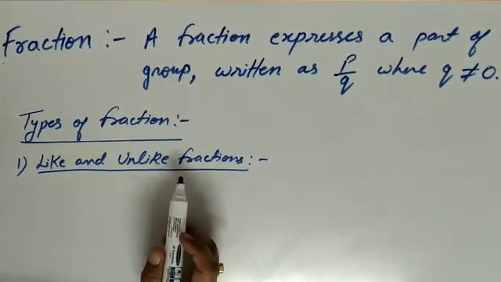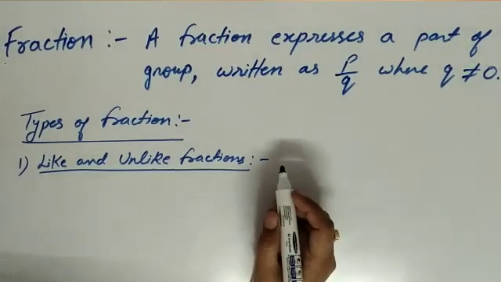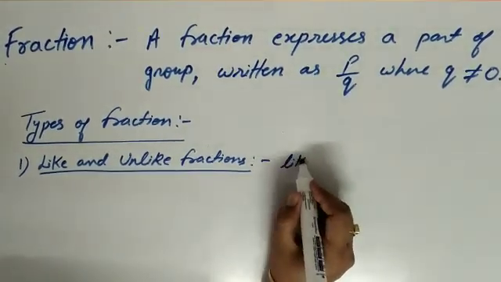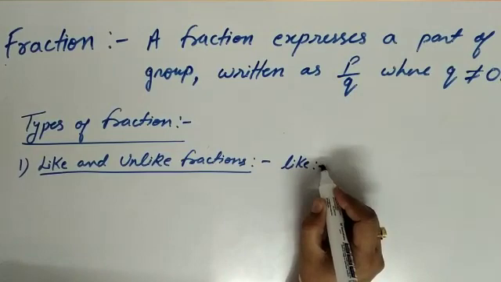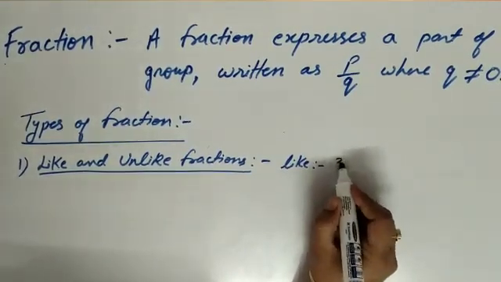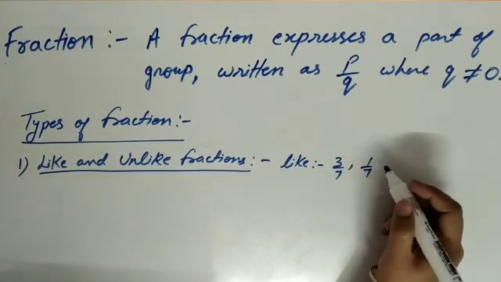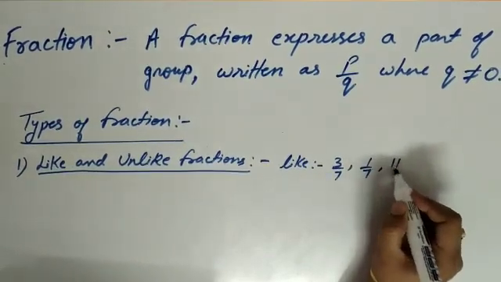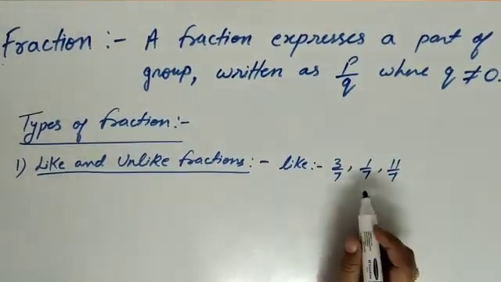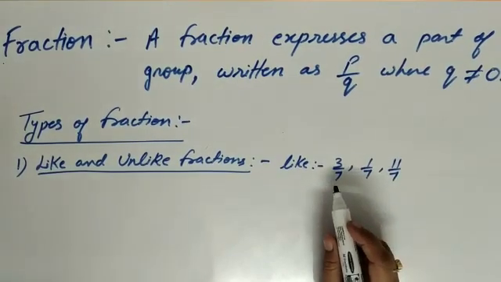Some examples of like fractions can be 3/7, 1/7, 11/7. So what is required? The denominator should be the same.